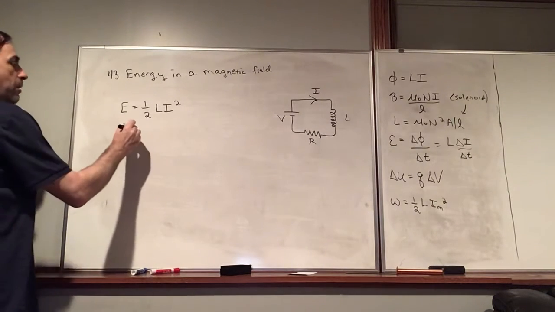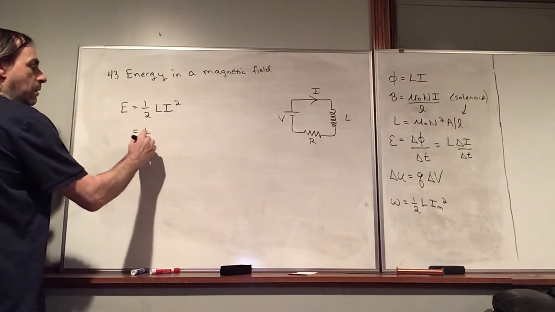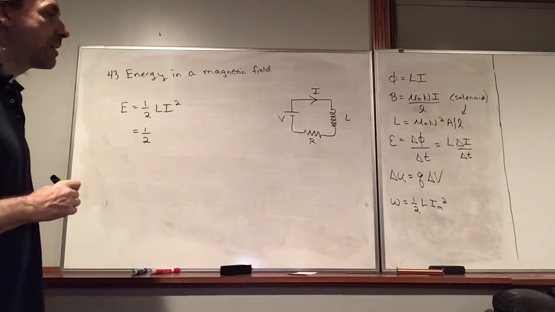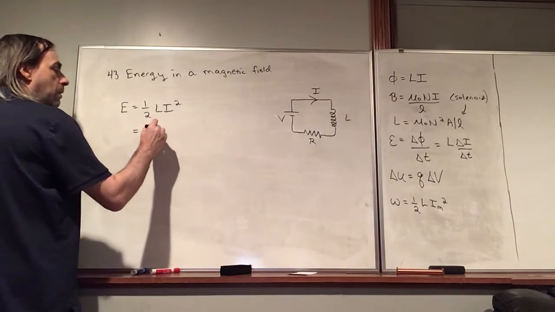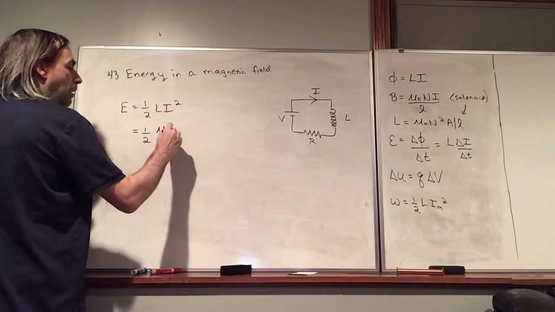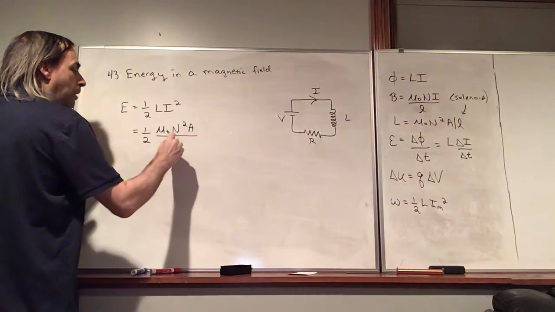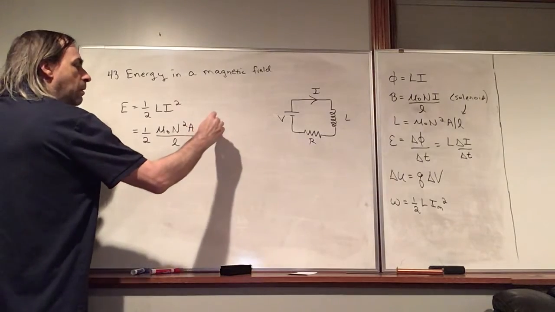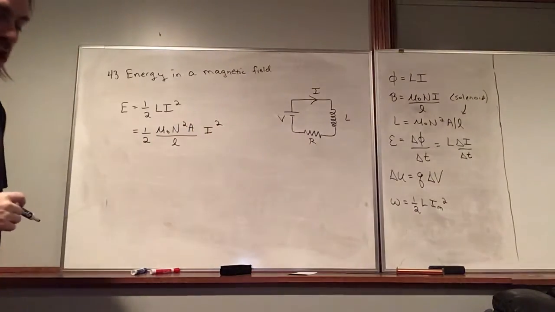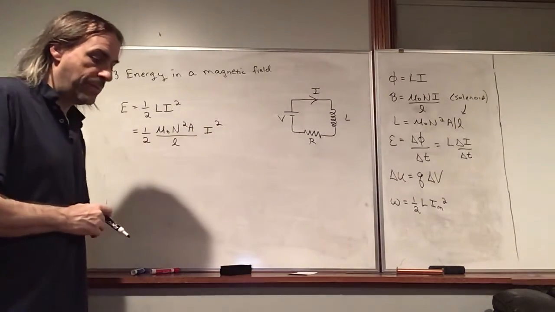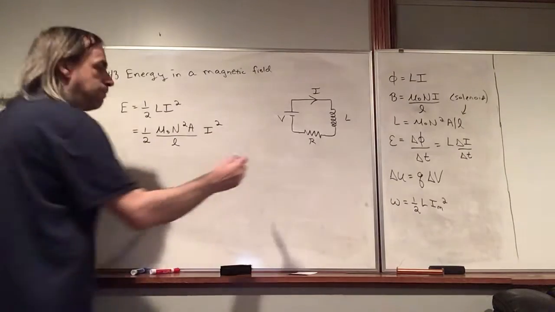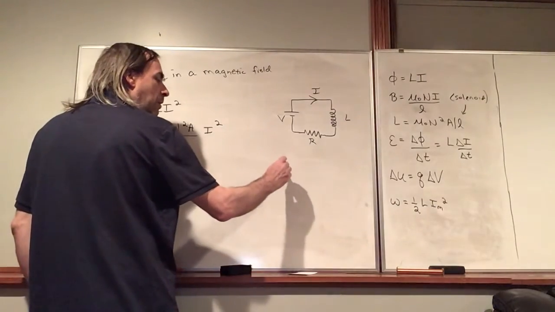Now for a solenoid, we know the inductance is mu naught N squared A over L, times the current squared. And we've got the solenoid.